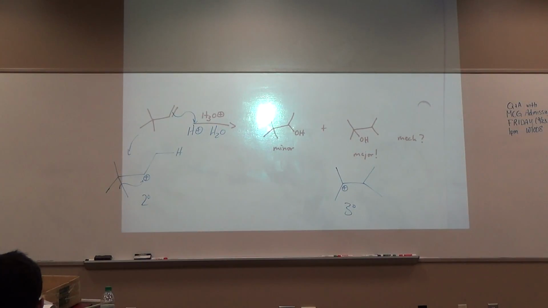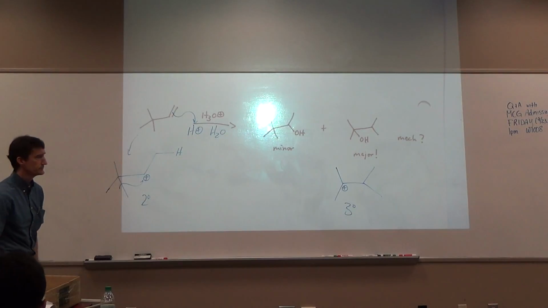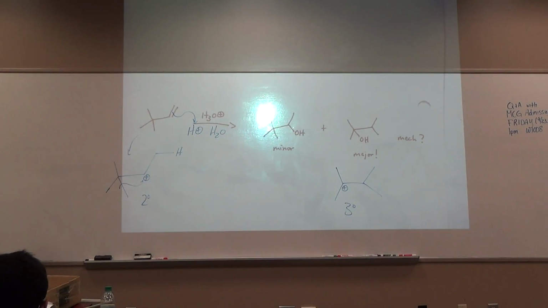Why would it rearrange from secondary to secondary? There may be some other things going on. We may see an example, because there are other things that can influence carbocation stability other than just substitution. Maybe some bond strain is relieved, and it's two secondaries, but you go to a better bonding.